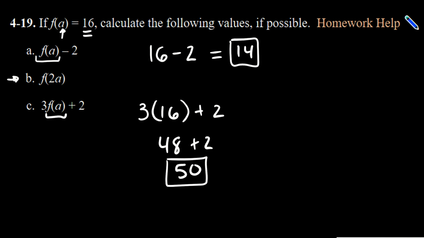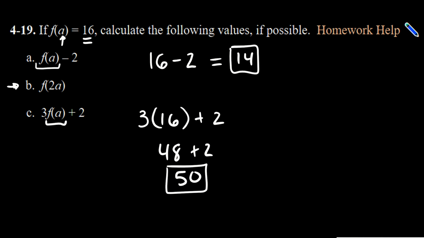I'm going to be honest, I did peek at the answer key, and I think I have a slightly different understanding of this function now, based on the answer they gave for part B. Maybe I was saying when A goes in, 16 comes out, like maybe A is the number 7, and when 7 went in, 16 came out.